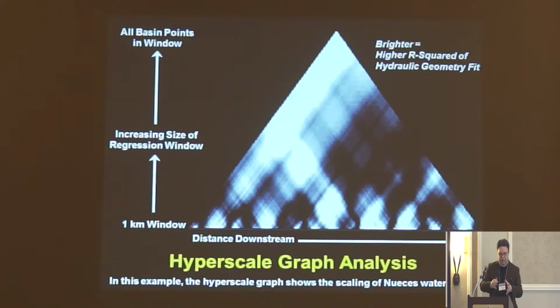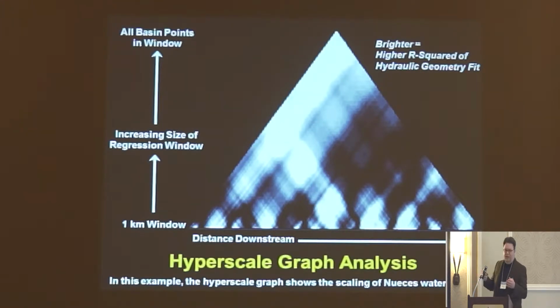Is the river smoothly varying or chopped up into lots of little pieces? And in the places where there are these white colors, what we actually see is that the regressions, in other words, the hydraulic geometry, works very well. And the darker areas, it doesn't work very well.